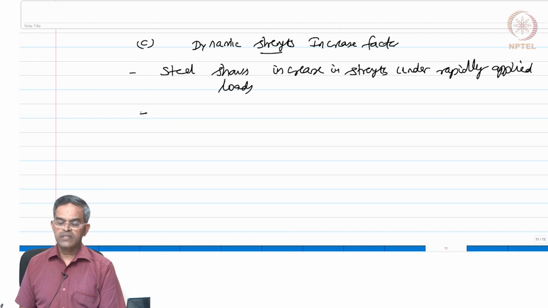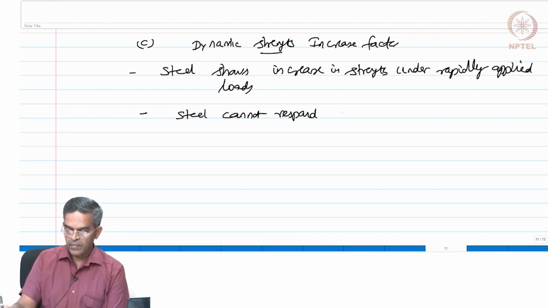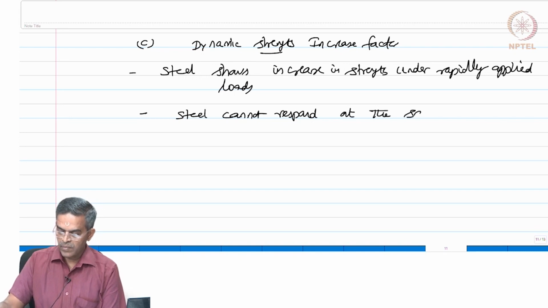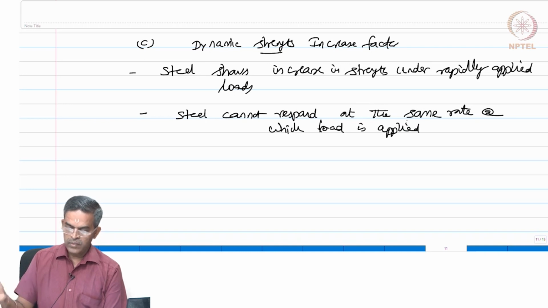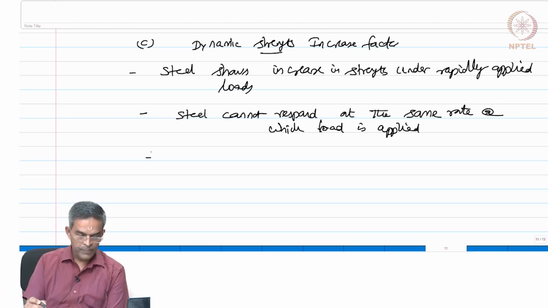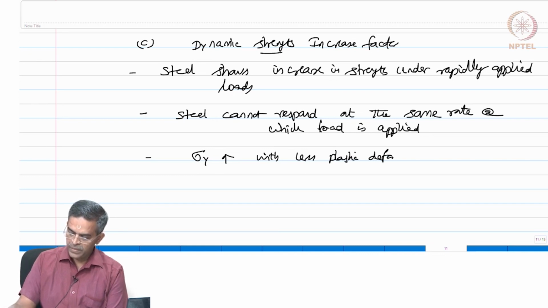Steel cannot respond at the same rate at which the load is applied. There is a delay. Therefore, yield strength increases with less plastic deformation. That is the result.